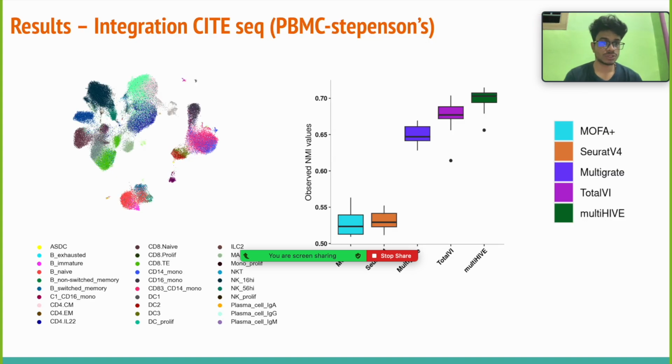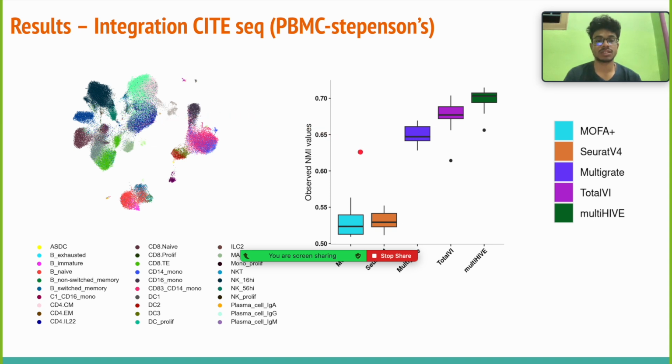Let us have a look into the quick results of integration of CITE-seq data using PBMC. In the first figure, each dot indicates a cell, with similar colors indicating similar cell types. We can see that all the cells with the same color are together, which indicates that the integration is happening.